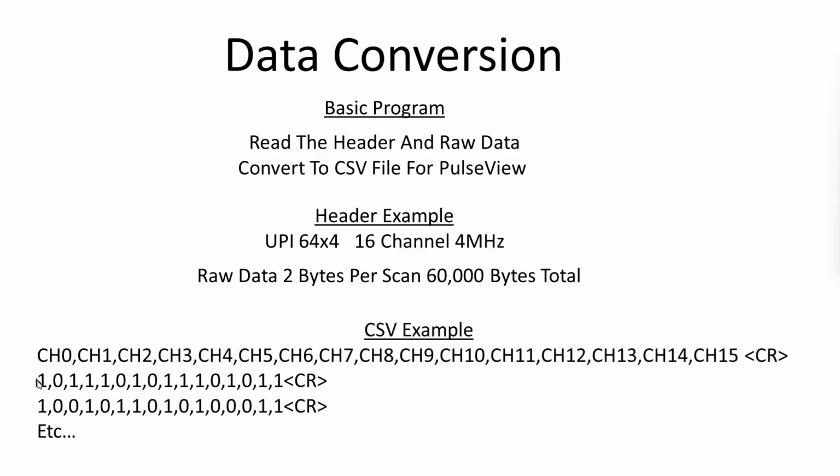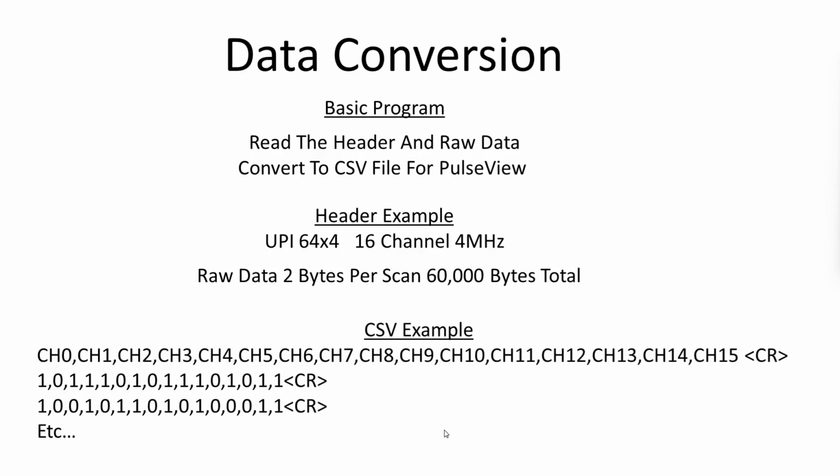Then it will send the data, so there will be 16 bits sent through, then a carriage return, then the next 16. So these 2 bytes here constitute these 16 bits here, all in the correct order, and then that's the next scan 250 nanoseconds later, and so forth. It can do all that until the whole 60,000 bytes come in, and it will send all this out to a file, just an ASCII file.